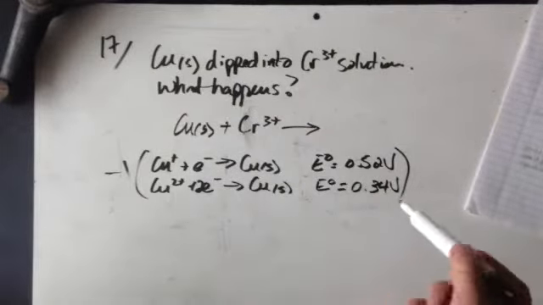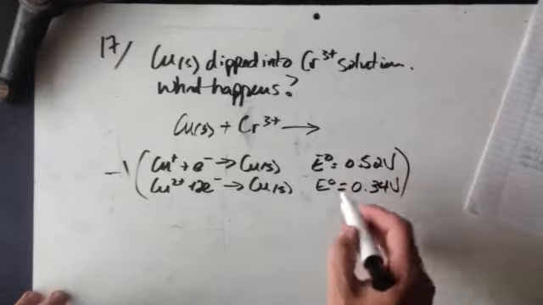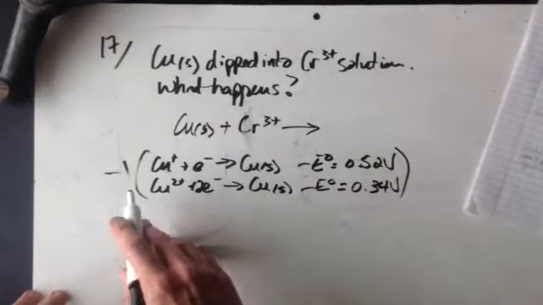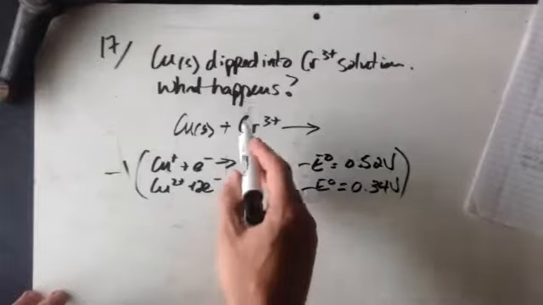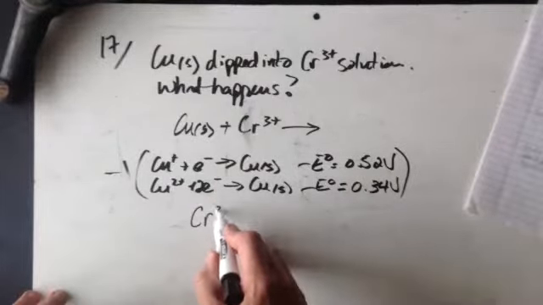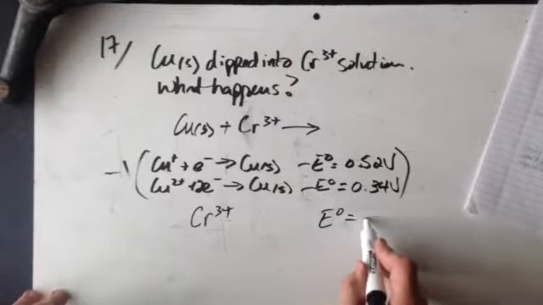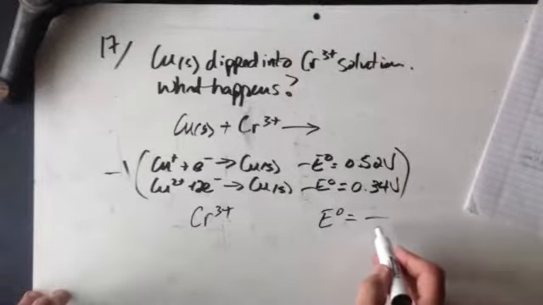So right away I know I'm going to have negative E naught values here and here. These are both going to be negative. And then no matter what chromium 3+ reaction I take, I'm also going to have a negative E naught potential.